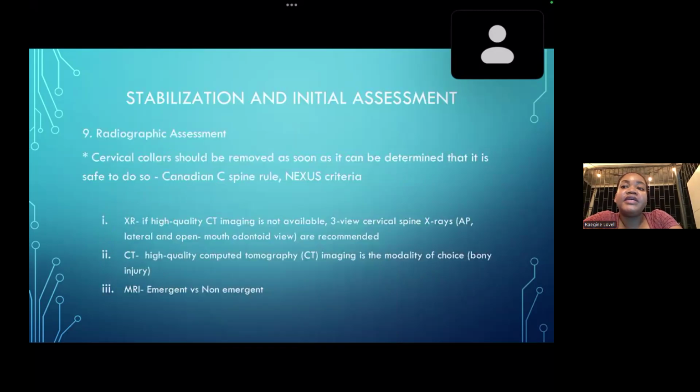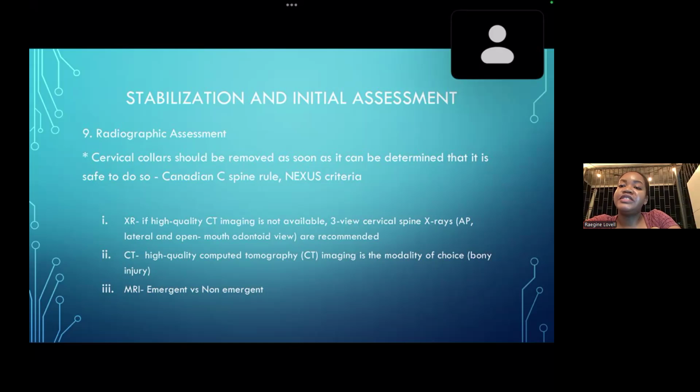So number 9 in the stabilization and initial assessment process is radiographic assessments. As we know and we discussed in prior classes, cervical collar should be removed as soon as it can be determined that it is safe to do so, and methods utilized are the Canadian C-spine rule and the NEXUS criteria.